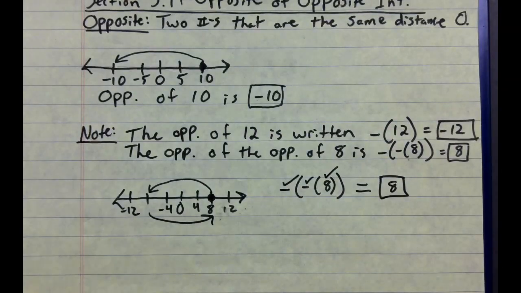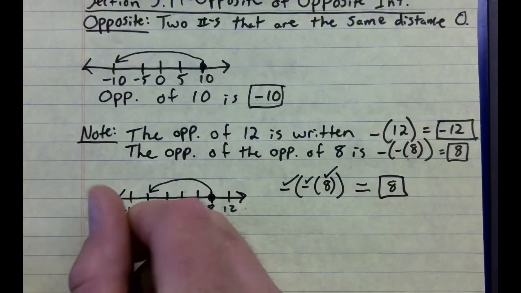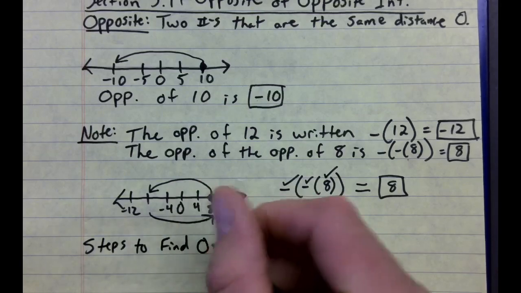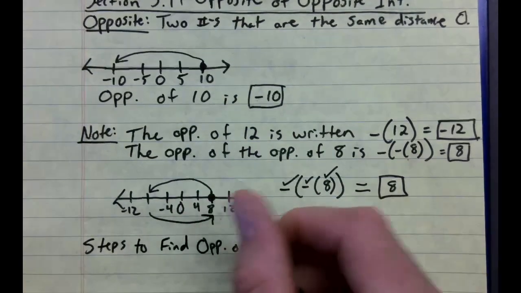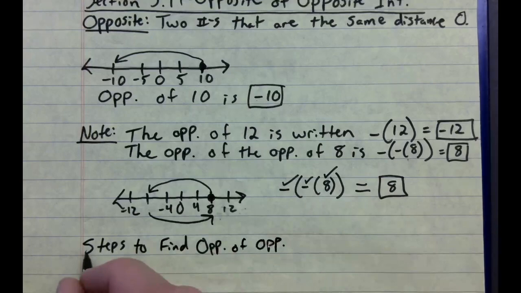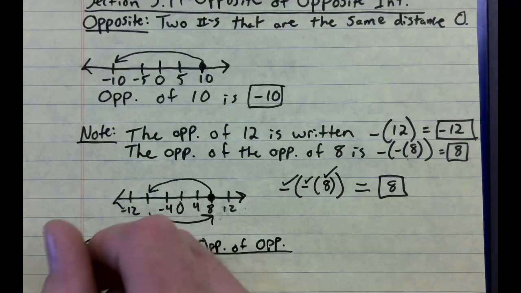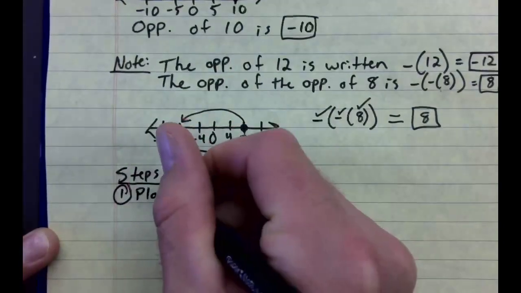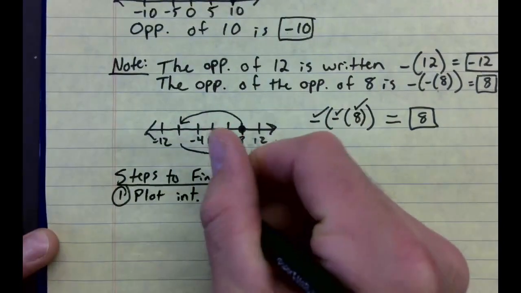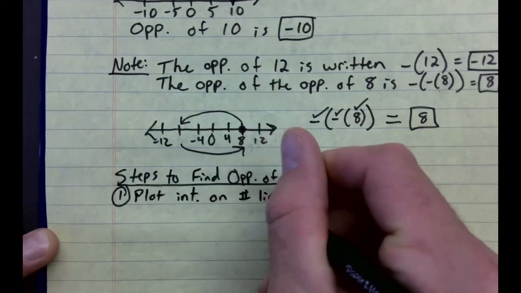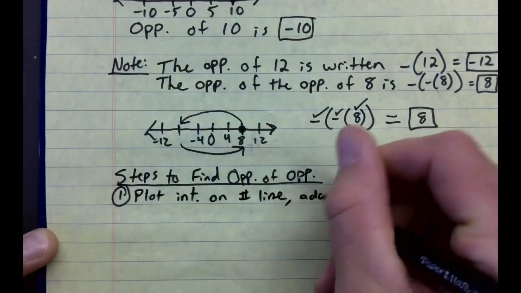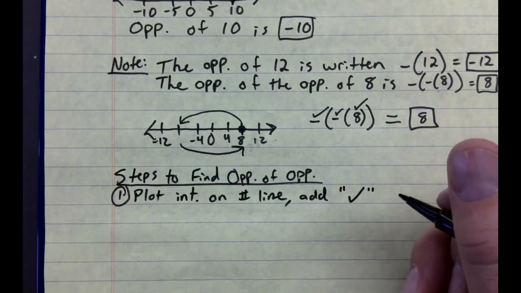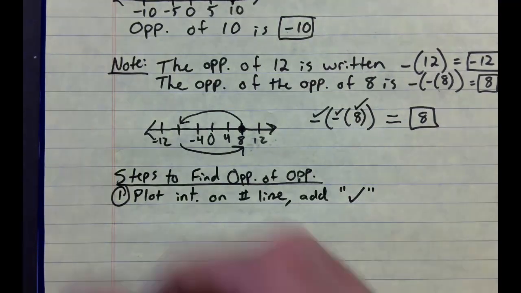That's it. So there are 3 simple steps to find the opposite of the opposite. Step 1 is to plot the integer on the number line and add a check. So we'll be adding our checks today for each time that you complete something.